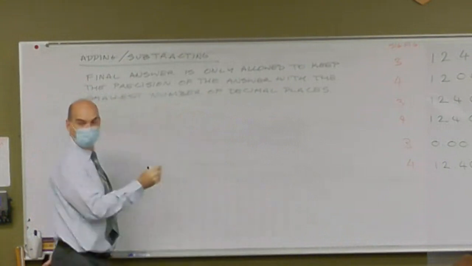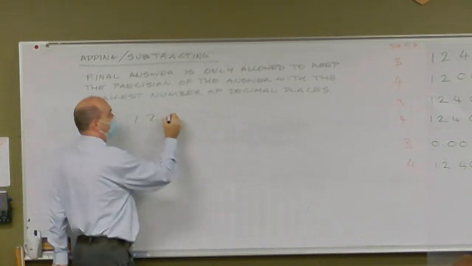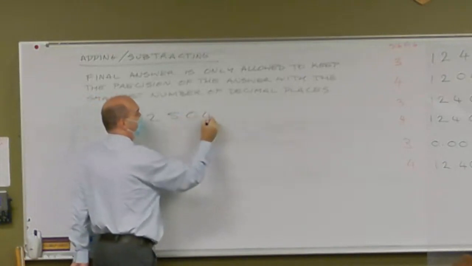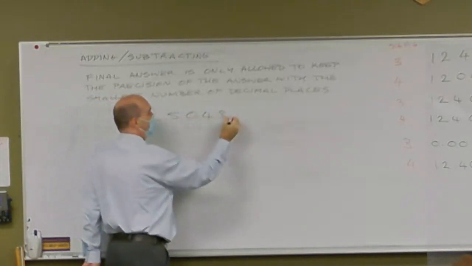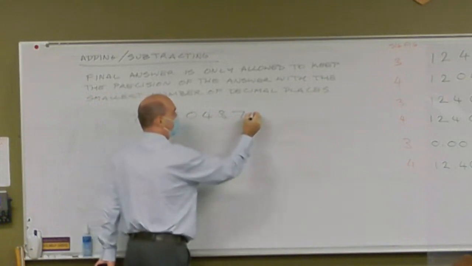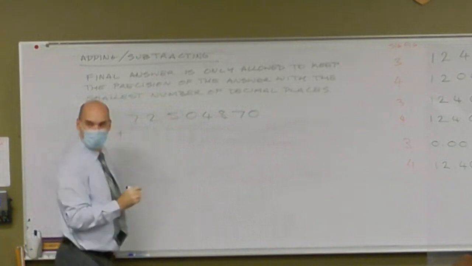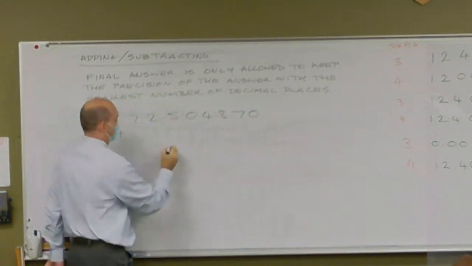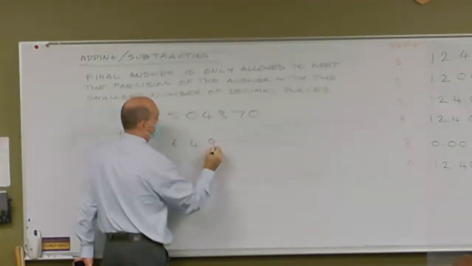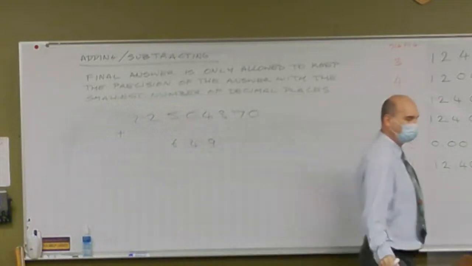Just start saying numbers. 7, 2, 5, 0, 4, 8, 7, 0. Uh, 6, 4, 9, 1. Add those two numbers together.